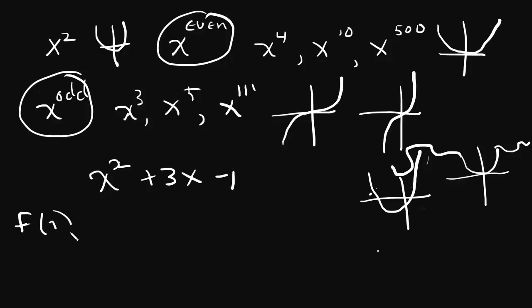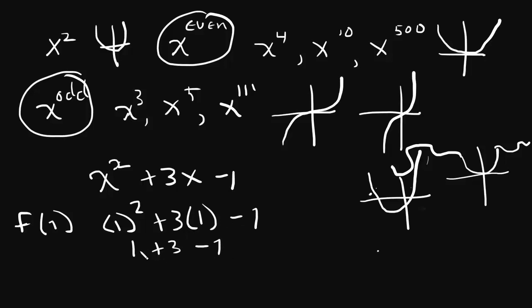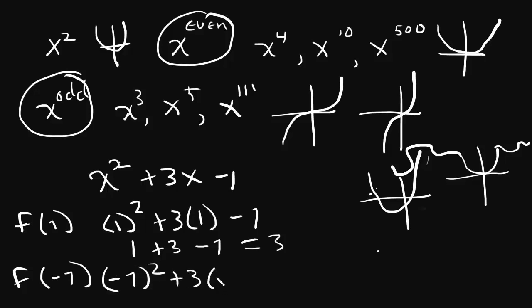Try f at 1. That would give us 1 squared plus 3 times 1 minus 1. 1 squared is 1, plus 3 times 1 is plus 3, minus 1. So 1 minus 1 is 0, plus 3, so that's going to equal 3. Now, if I put in f at negative 1, then I'd have negative 1 squared plus 3 times negative 1 minus 1.